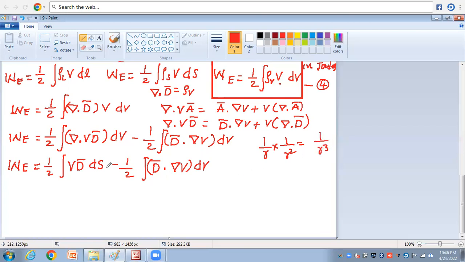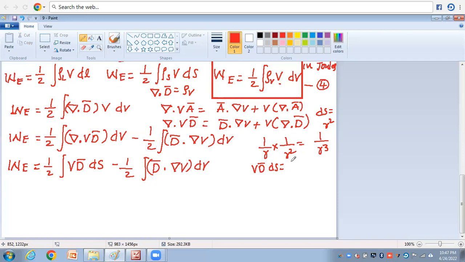Now what happened? This dS, dS means some dx into dy or dl into db, whatever it is. So dS is nothing but R square. Now in the place of V D bar and dS, V means 1 by R and D bar means 1 by R square, in the expression 1 by 4 pi epsilon naught into 1 by R. This is also 1 by 4 pi, 1 by R square, right?